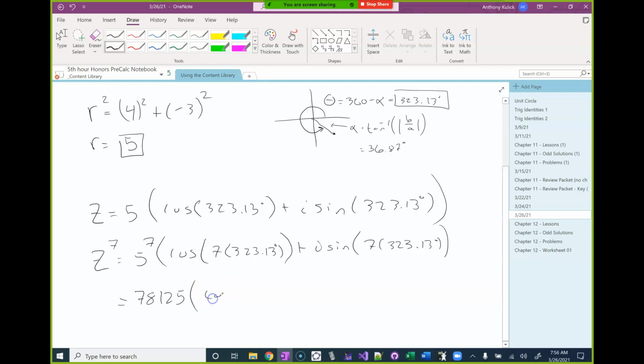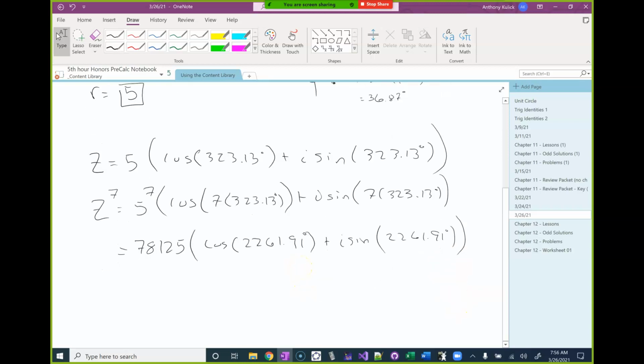And 7 times 323.13 is 2261.91 and some change, but I'm just going to round it to 2 decimal places. I realize there's certainly an angle coterminal to that between 0 and 360, but because it's asking for standard form, I don't really care what that angle is. So I'm just going to go into my calculator now to get my standard form answer.